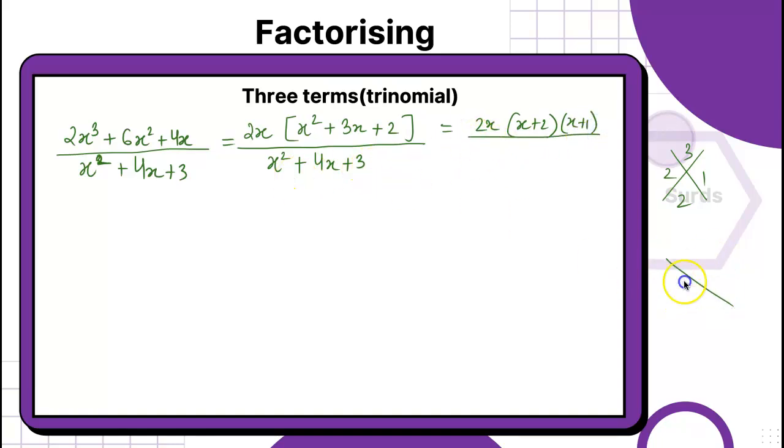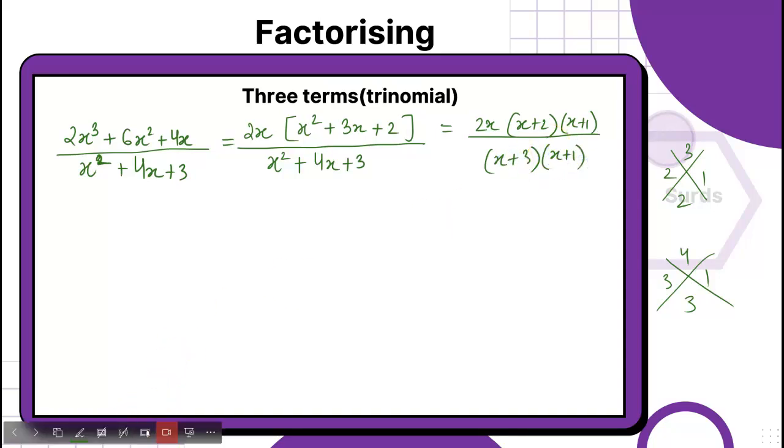We multiply to give you exactly the same, no? Same concept. 3 and 1. So it will be x plus 3 and x plus 1. The brackets which are common are going to be cancelled. So you are left with 2x, x plus 2 over x plus 3. Right.